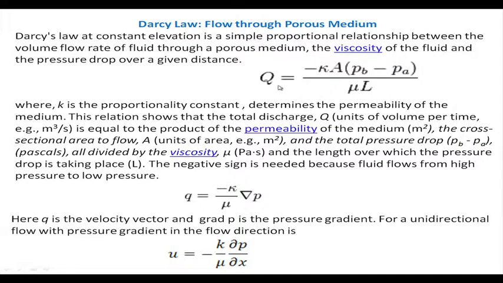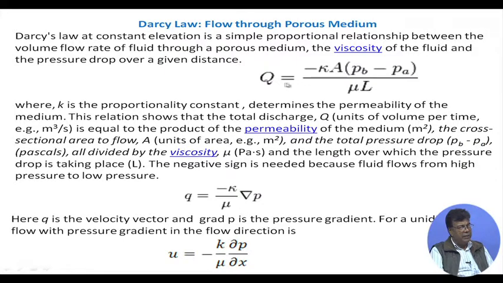Now, Darcy's law applies when there is a flow through a porous medium under a pressure difference along a length scale L, in a cross-sectional area A. Through experiment, Darcy measured that the fluid discharge Q is related by this equation, where K is the proportionality constant, which is referred to as the permeability, and this is the pressure drop along the length L. A is the cross-sectional area, and mu is the viscosity of the medium.